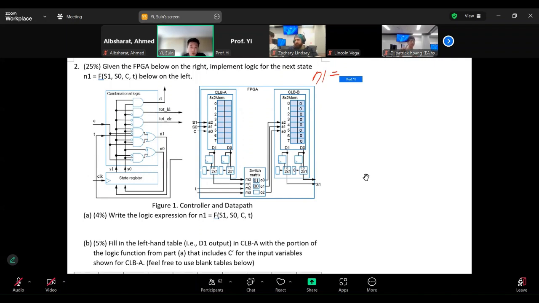Okay, so the short answer for Danny's question is the reason why the multiplexer has zeros here. Because E1 represents this point, E0 represents this point.